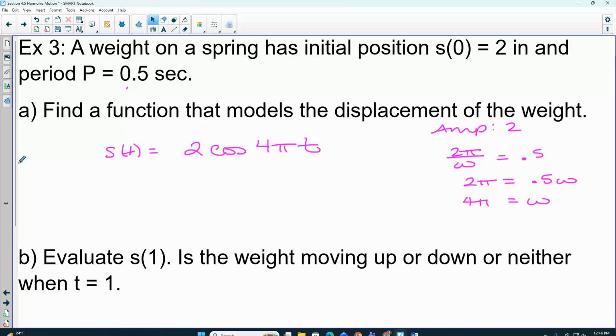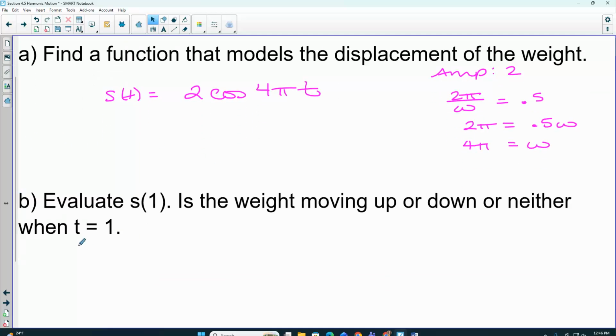So my S of t is 2 cosine of 4 pi t. That's my function. Right. Part B, evaluate S of 1. So 2 cosine of 4 pi times 1, which equals what? 2.